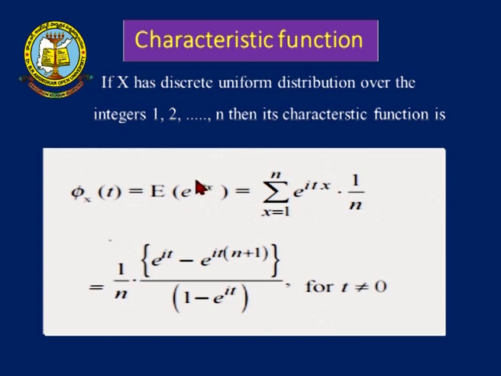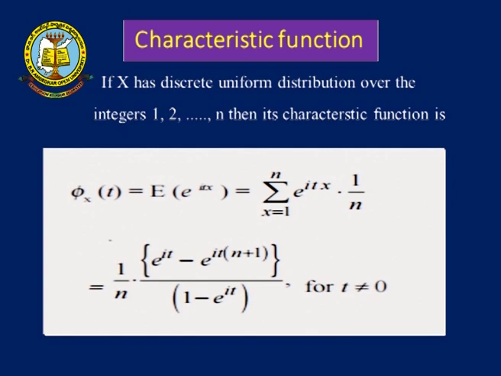If it is the MGF, you write M x of t with e to the power of tx, but if we substitute itx, then it is the characteristic function. If it is tx only, then it is the moment generating function.